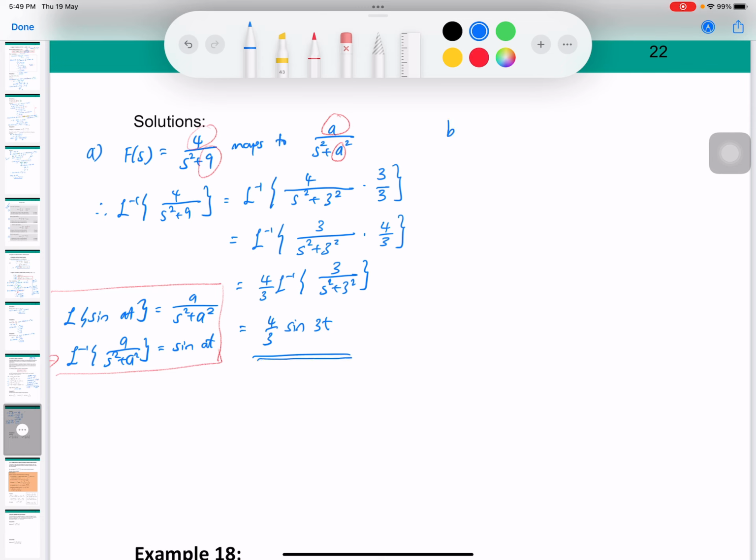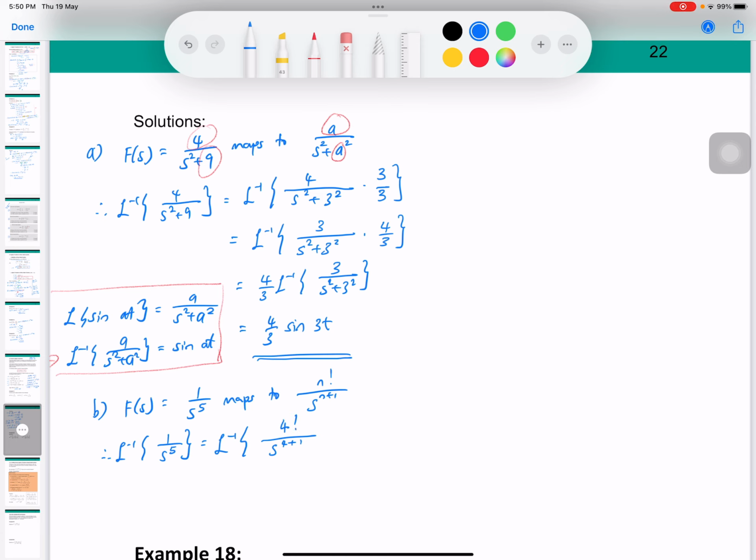Okay, part B. The question is 1 over s to the 5. So we know that this maps to something over s to the n plus 1. Therefore, inverse Laplace of 1 over s to the 5 equals to inverse Laplace, okay, I'll put this as 4 plus 1.